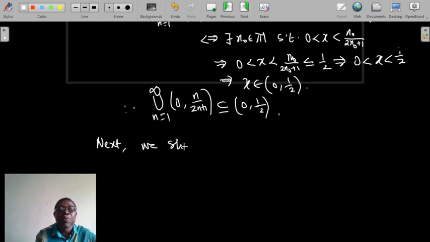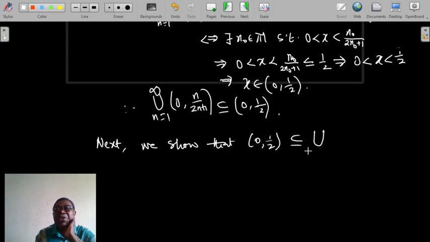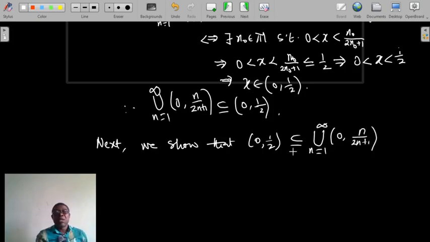Next, we show that the interval (0, half) is a subset of the union n equals 1 to infinity of (0, n over 2n plus 1). To show this, what shall we do? The same approach.